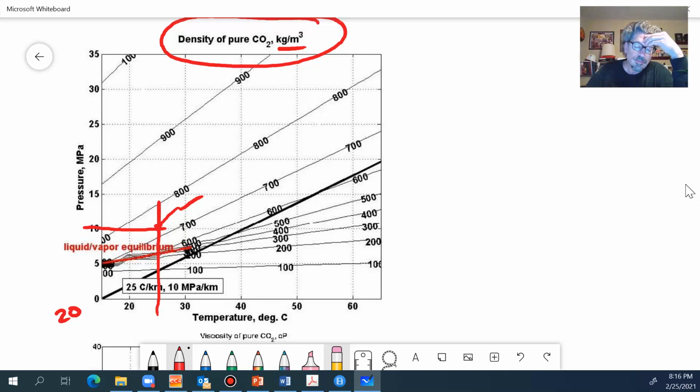And that temperature and pressure gives me about 700 and I would say 30 kilograms per cubic meter. Okay, so that's the density. So that's how I'd figure out density. Okay, but again, this is not your example. This is an example I've just made up at 1 kilometer depth. You're going to be deeper than that, and different temperature and pressure.